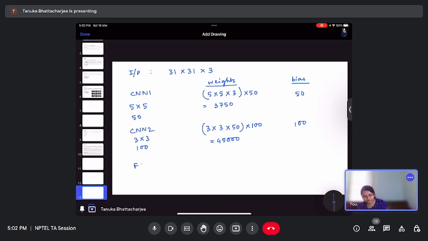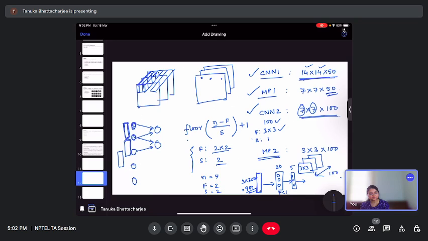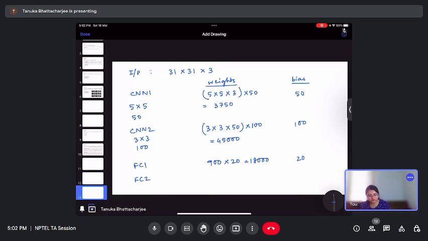So for FC1, the weights will be 900 cross 20 and bias terms are 20. This is 18,000. And then the last FC layer, which is going from 20 to 5, weights will be 20 cross 5, that is 100, and you will have bias terms 5. So this is the total number of weights and biases present at each level of the network.